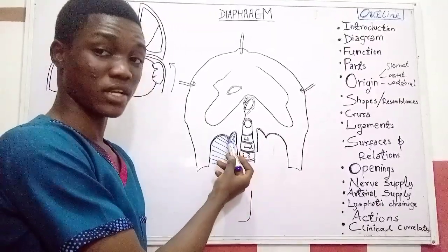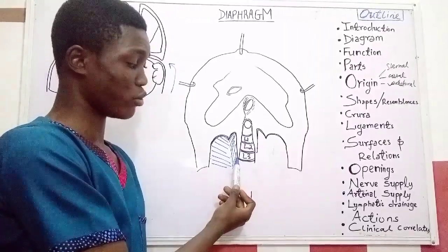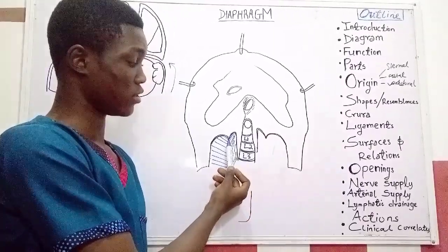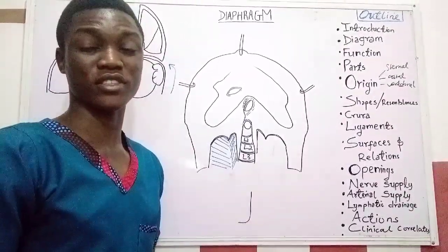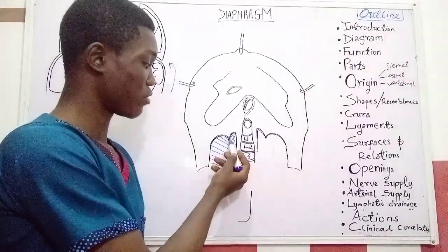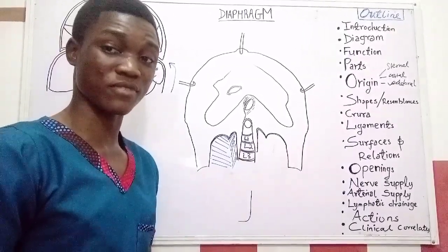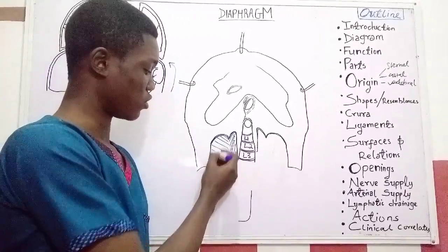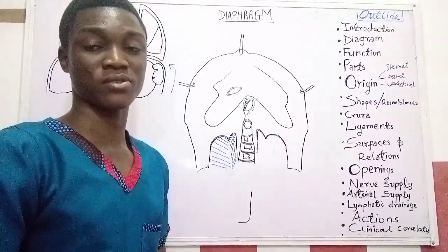So this medial arcuate ligament runs from the body of L1 to L3 vertebrae and then inserts at the ridge on the anterior surface of the transverse process of L1 vertebra, whereas the lateral arcuate ligament continues from that point, which is the ridge on the anterior surface of the L1 transverse process, and then continues to run and insert at the 12th costal rib.